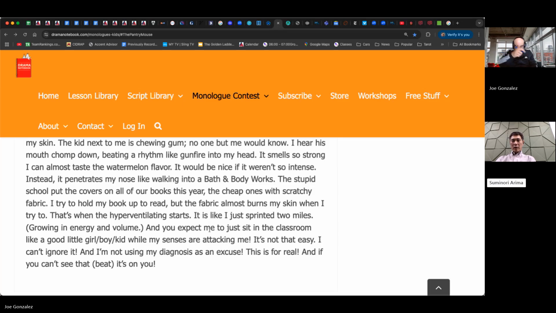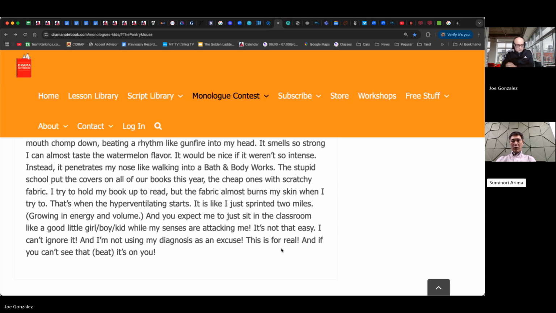The stupid school put the covers on all of our books this year, the cheap ones with scratchy fabric. I try to hold my book to read, but the fabric almost burns my skin when I try to. That's when the hyperventilating starts.